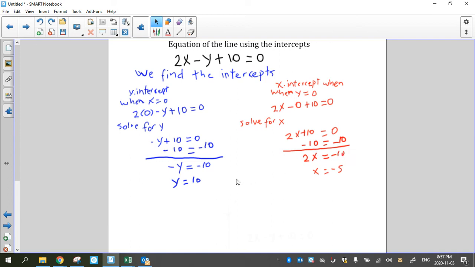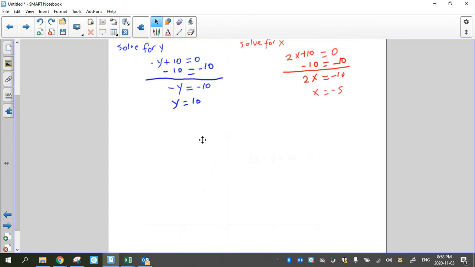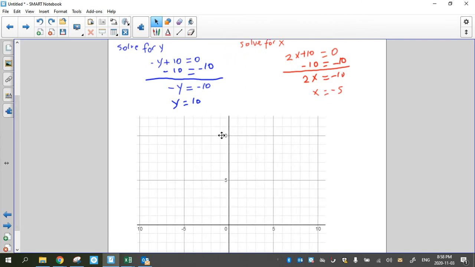So now I have found both the y-intercept and the x-intercept. So I'm just going to graph in my plane the intercepts, which is very, very friendly. The y-intercept is at 10, the x-intercept at negative 5. So my line will go through those two points. And that is my line with the y-intercept at 10 and the x-intercept at negative 5.